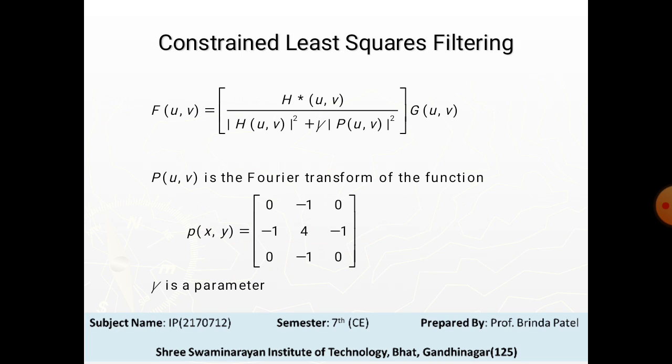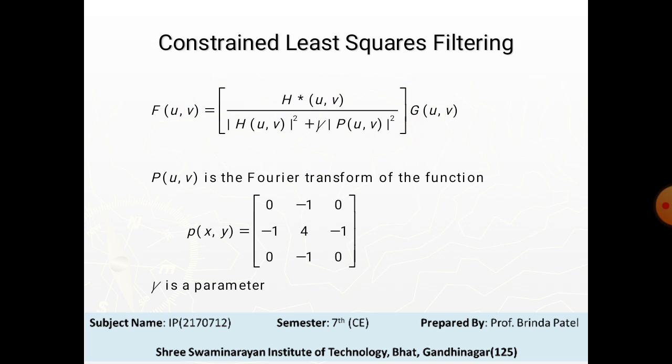The frequency domain solution of this problem is given by this expression: F hat of (u,v) is equal to H conjugate of (u,v) upon |H(u,v)|^2 plus gamma |P(u,v)|^2, into G(u,v).